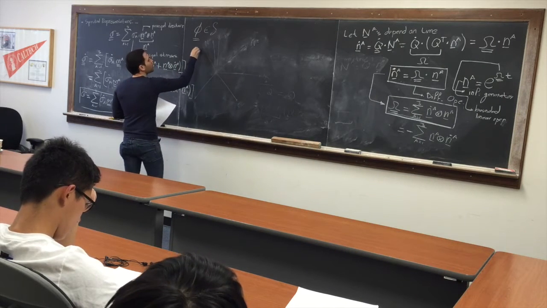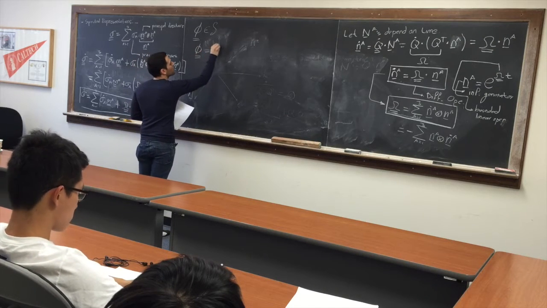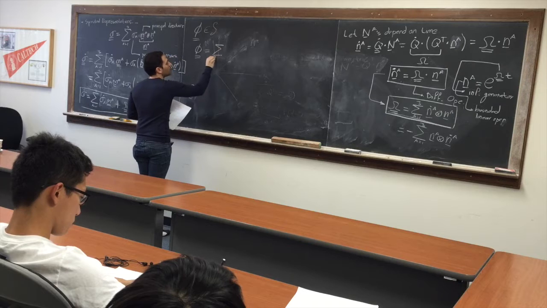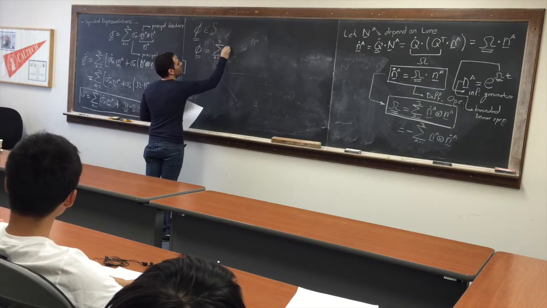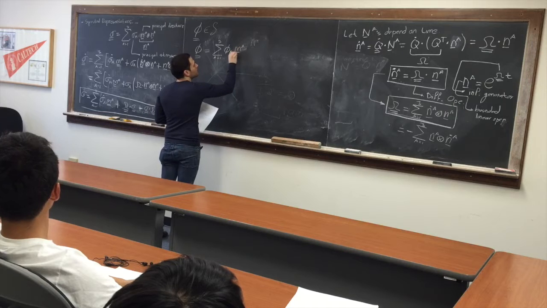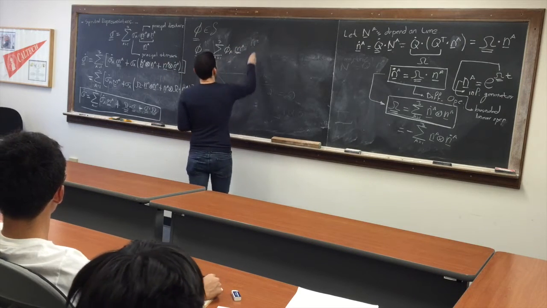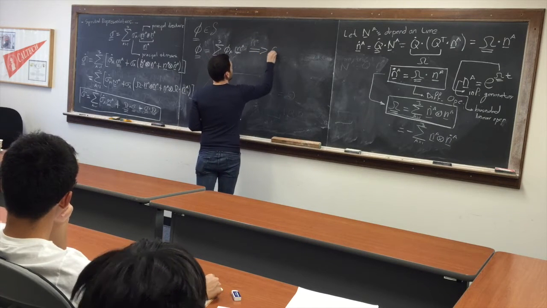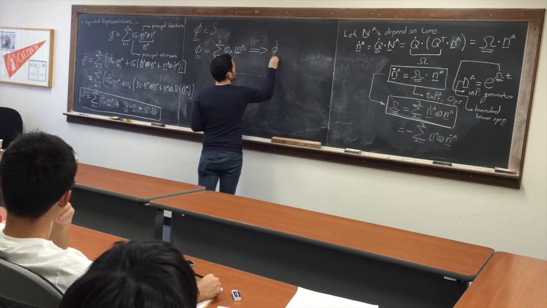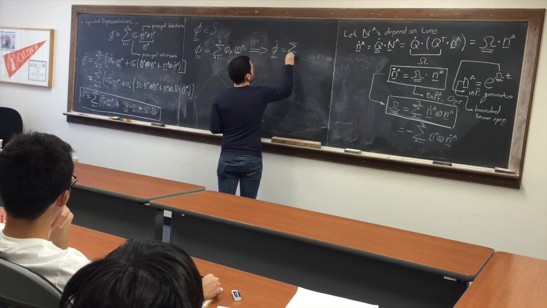So we can write this phi in the same way, right? Using the spectral decomposition theorem. And therefore, we can write the time derivative of this in the same fashion as before.